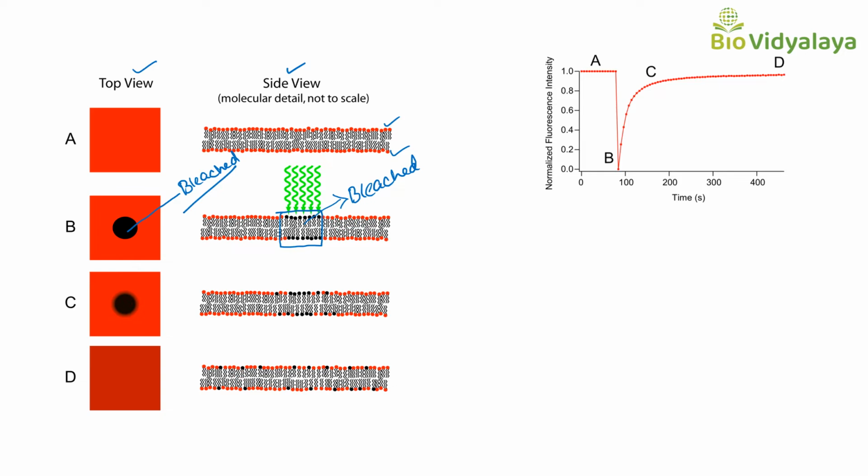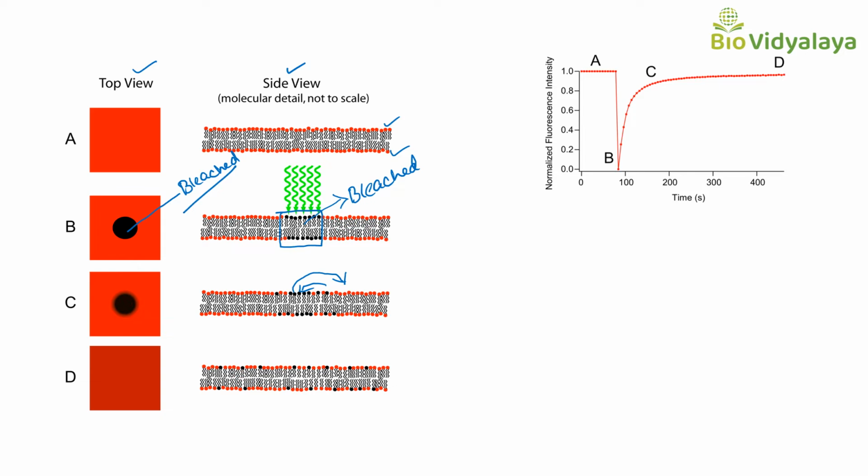After that we can observe the fluorescent intensity, and we can find that some fluorescent molecules come into this bleached area, and at the same time some non-fluorescent molecules come out of this bleached area. So it is restoring its fluorescent capacity.